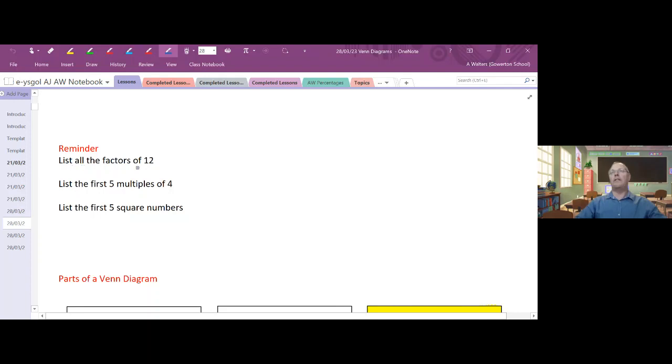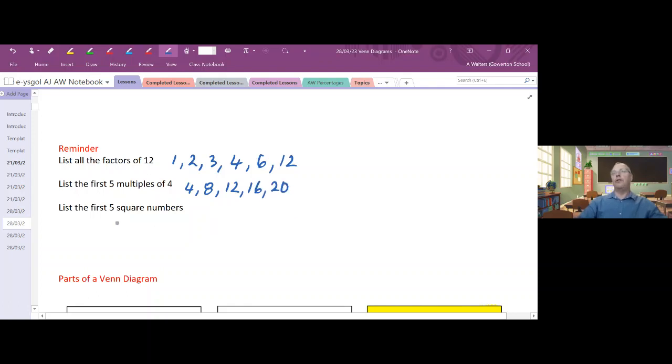If I asked you to list the factors of 12, you would list all the numbers that divide into 12. So I'll start off with a 1, a 2, a 3, a 4, a 6, and then don't forget 12 itself. And if I asked you for the first 5 multiples of 4, they are your multiplication tables of 4. So you've got 4, 8, 12, 16, and 20.